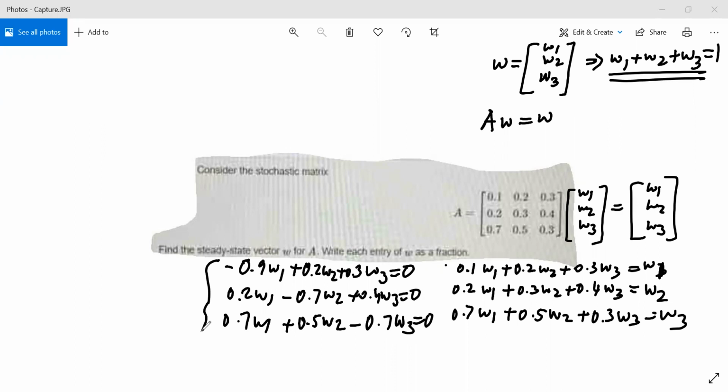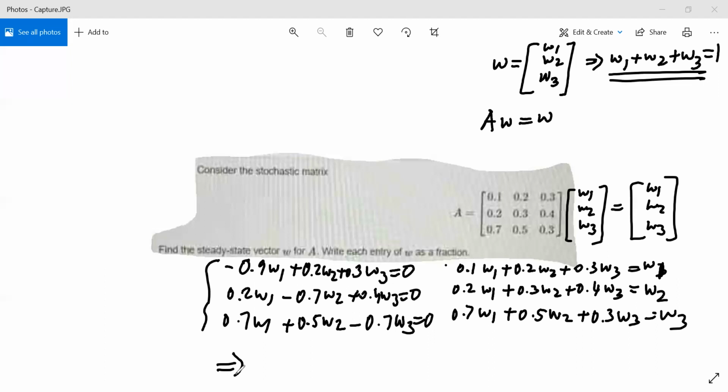To solve this system, it's a homogeneous system, so you can create a matrix and solve that matrix. It's probably better to write this as a matrix and reduce it to row reduced echelon form.